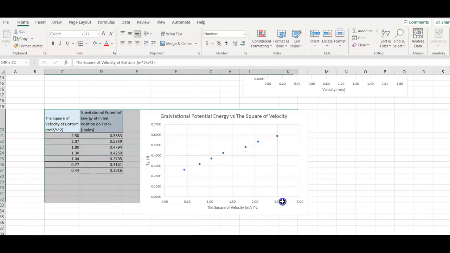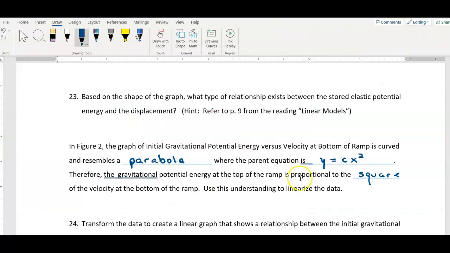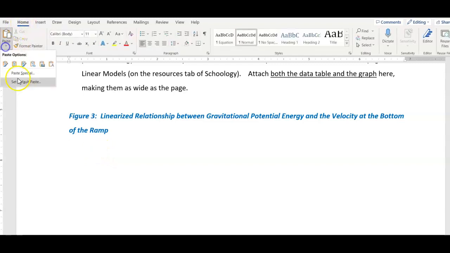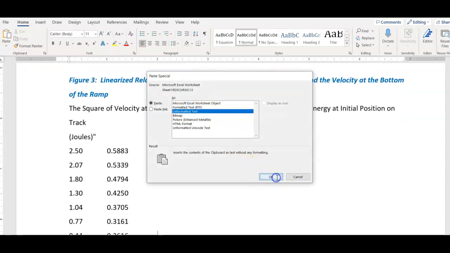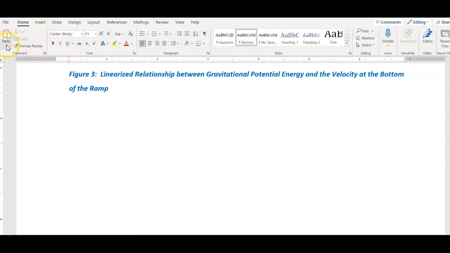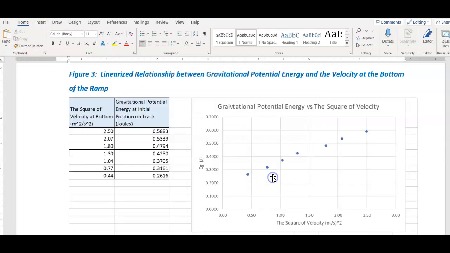Okay, so I'm just going to highlight the table and the graph and copy it, and then I'll place it here at figure 3 of the lab report. Paste. Oh, I want an enhanced meta file. There we go.